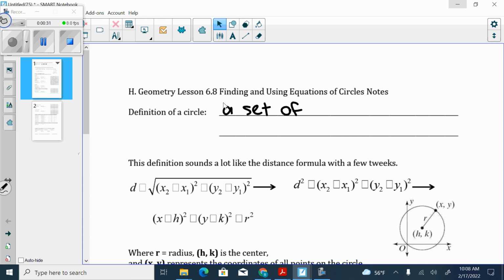of points distance from a given point called the center.